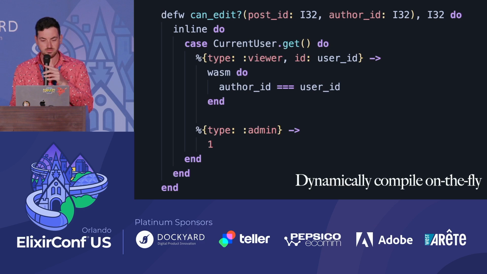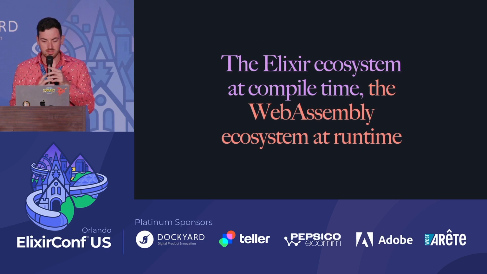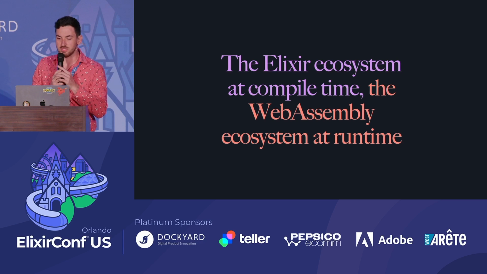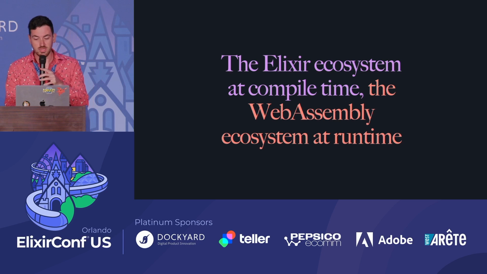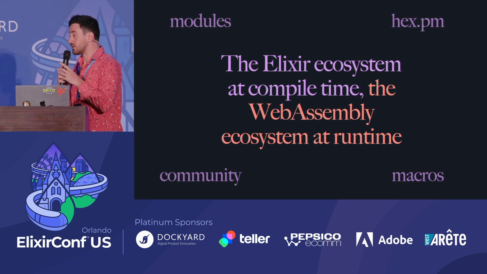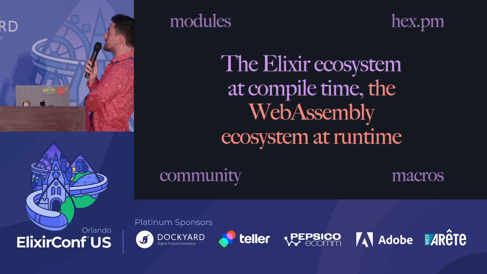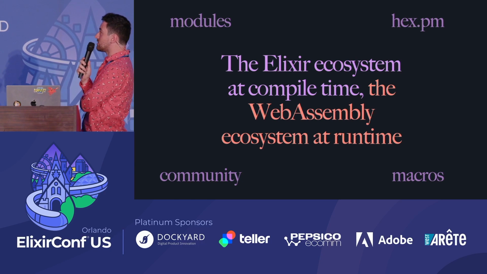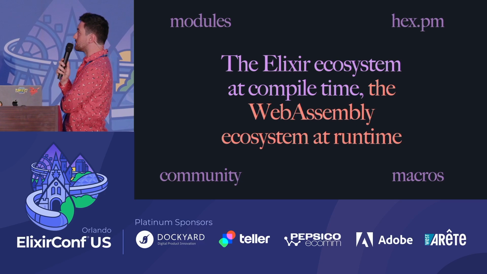And so the idea is that you get access to the entire Elixir ecosystem at compile time. You saw Hex and so forth, and you get the WebAssembly ecosystem at runtime. In the Elixir ecosystem, we've got access to modules. You can do all sorts of interesting stuff as you're compiling those modules.